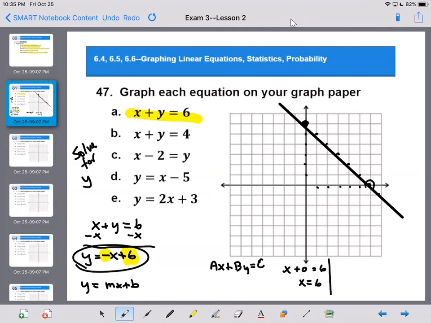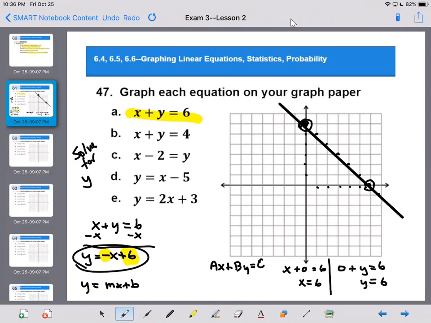There's your x-intercept. And then we could do the same for y, as we substitute a 0 for x and solve for y. So y is equal to 6, which is what we see here. So a way to, if possible, and it divides nicely, we can figure out our x and y intercepts from standard form. That's one method.